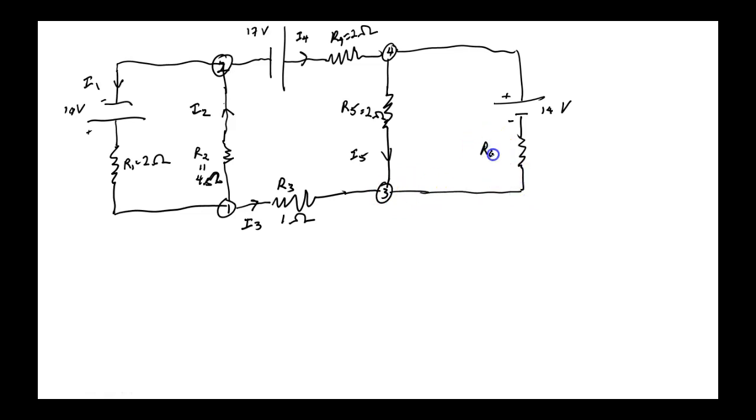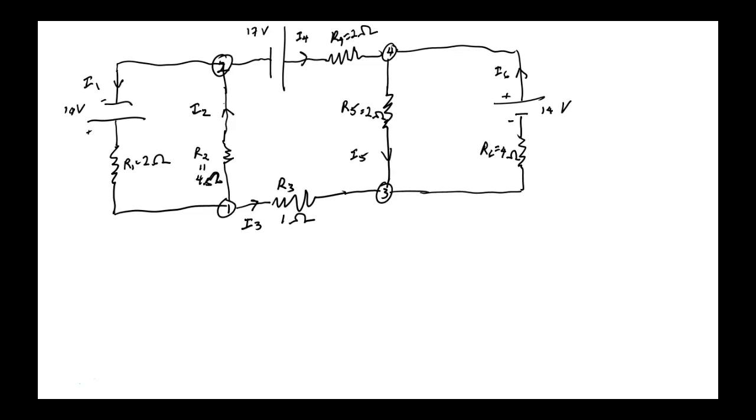So resistor 6 is 4 ohms, and this current here is going to be current 6. You could have drawn that anywhere. They drew it on the right. I did too. More room otherwise.